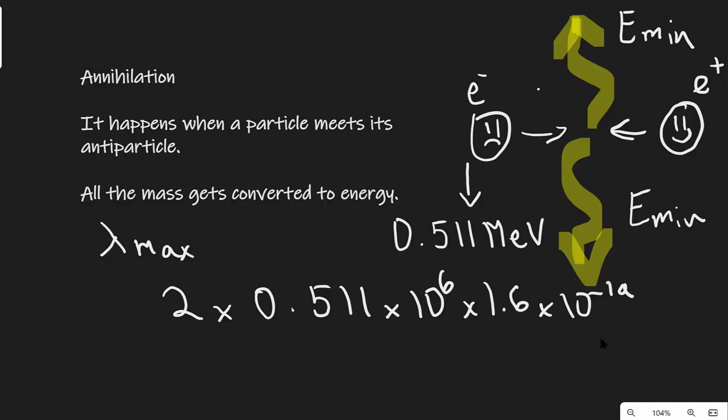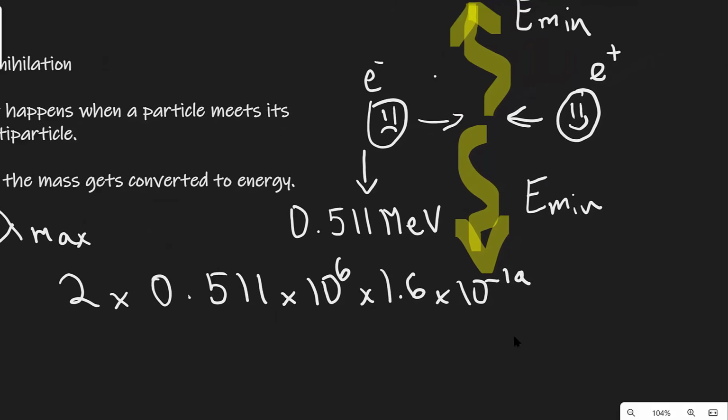And this is our input energy. We can set that equal to the energy afterwards, which will just be the energy of the two photons. So we can say that this here will be equal to twice the energy of a photon.